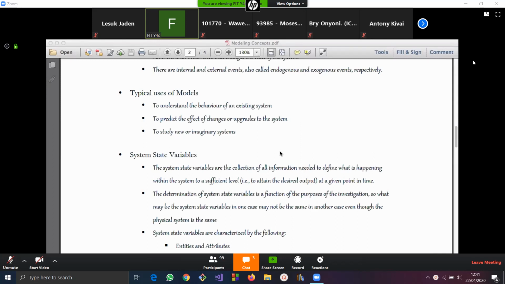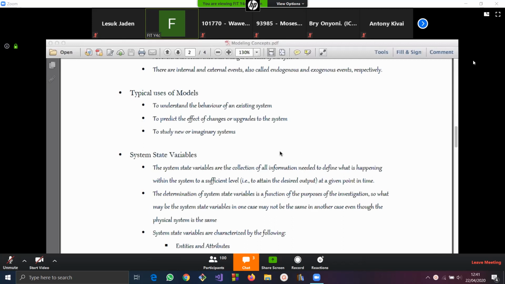Now, for instance, if we wanted to describe the performance of a given stock, or the performance of, let's say, a business entity, we will need various information to be able to describe that business.